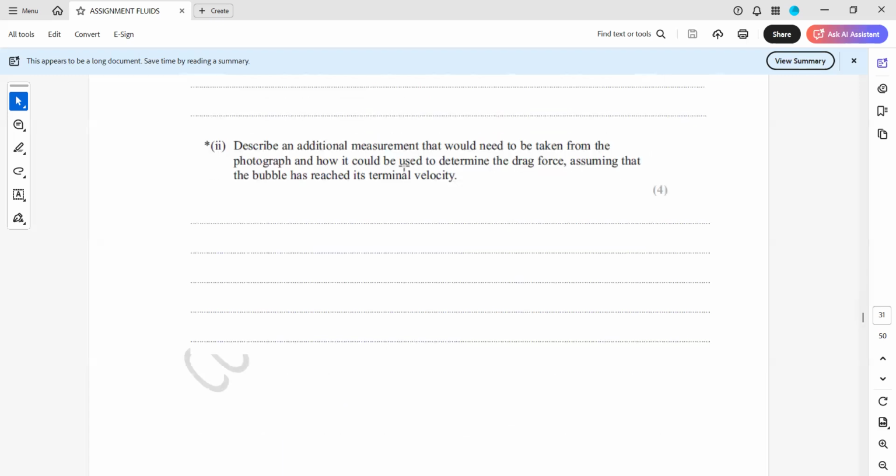Then, describe an additional measurement that you would take from a photograph and how it could be used to determine the drag. Assume that the bubble reaches a terminal velocity. For this bubble, there's an upthrust, a weight and a viscous drag. So viscous drag plus weight will be equal to upthrust. So the viscous drag will be upthrust minus the weight.